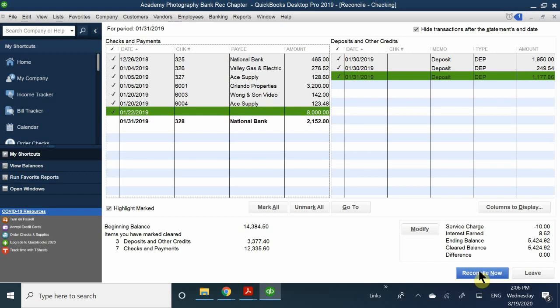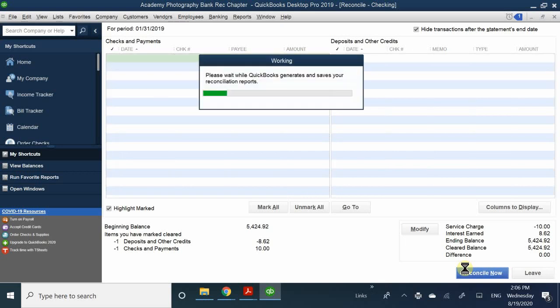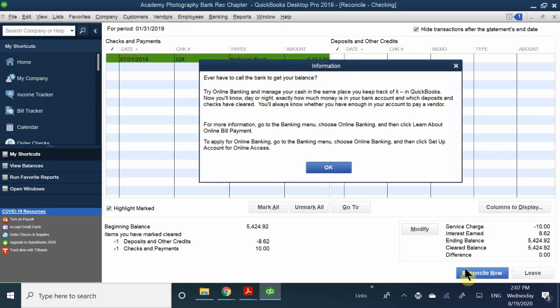Check 328 hasn't cleared in the bank yet. Okay. So all you do is click reconcile now because we matched at 0. It's my computer thinking. There you go. Process done.